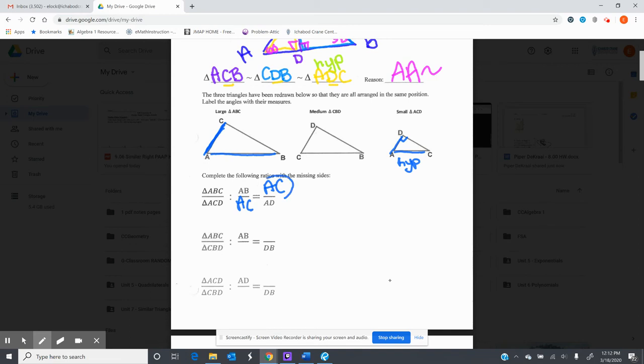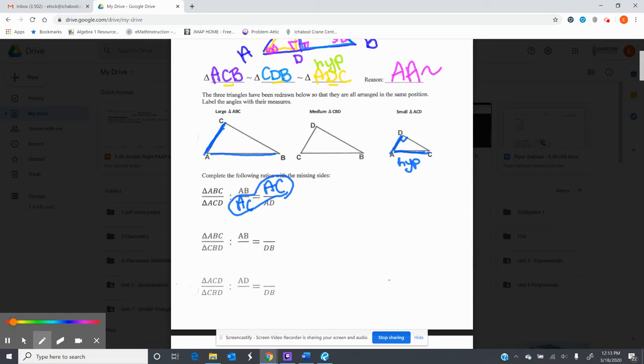So you're going to notice a little pattern with each of these proportions we're going to talk about, that AC repeats itself. Now, in the big triangle, AB was the hypotenuse, but AC was a leg. Here in the small one, AC happens to be the hypotenuse and AD is the leg. So we're going to take advantage of these patterns coming up in our notes momentarily.